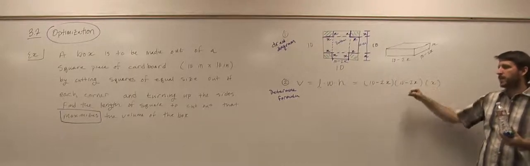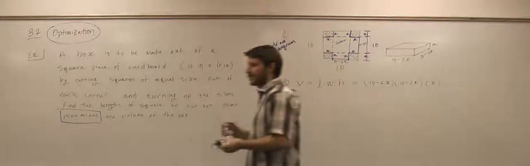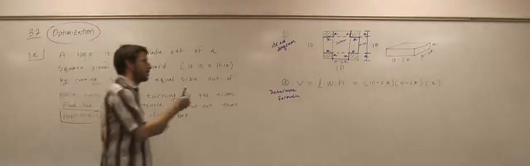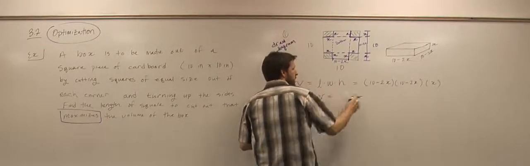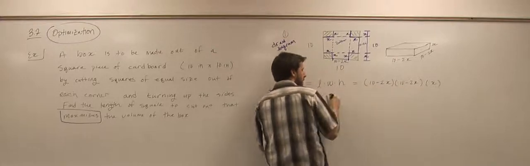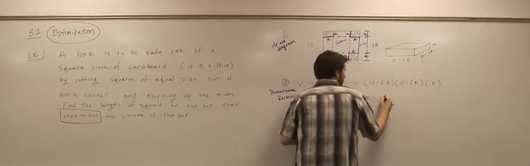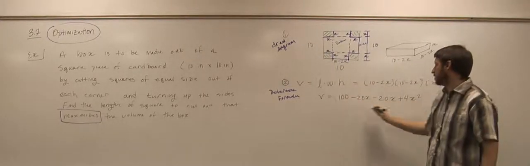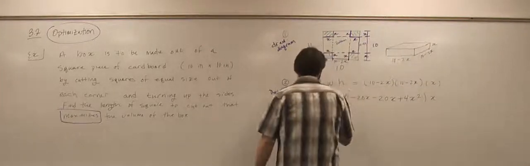Probably, since this is a triple product, I'd multiply this out to make my derivative a little easier. Avoid the product rule. Let me go ahead and rewrite this. 10 minus 2x times 10 minus 2x gives me 100 minus 20x plus 4x squared. All of this gets multiplied by x.